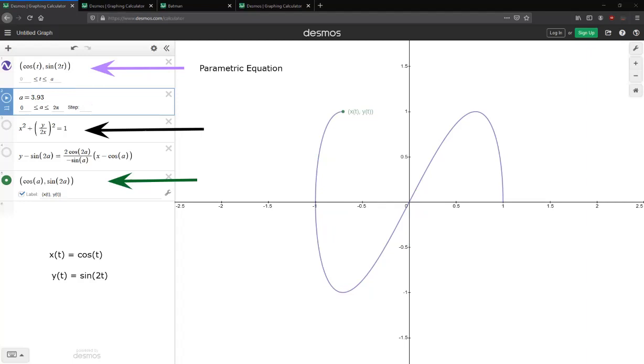Now, there are multiple different ways to parameterize the same equation. I was saying before that I can change the formulas for my x and my y.